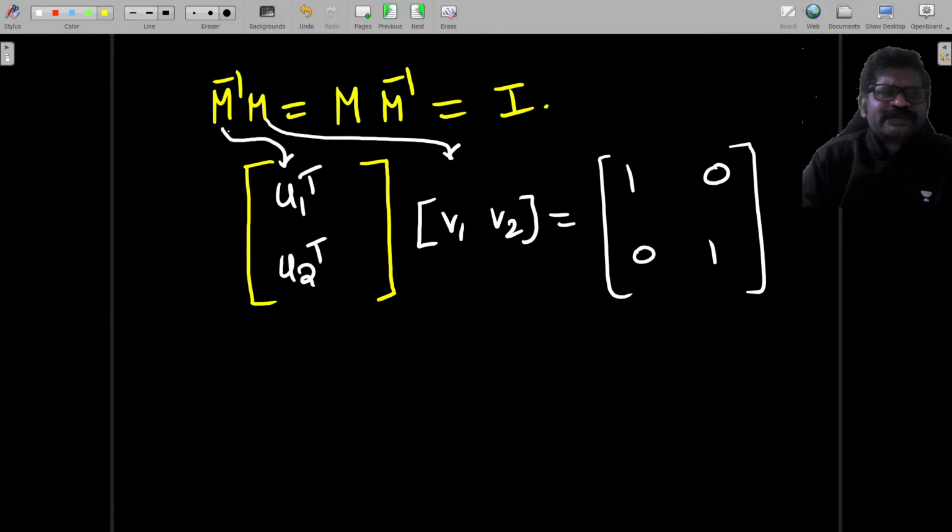From this, one is M, another one is M inverse. M inverse into M is generally I.